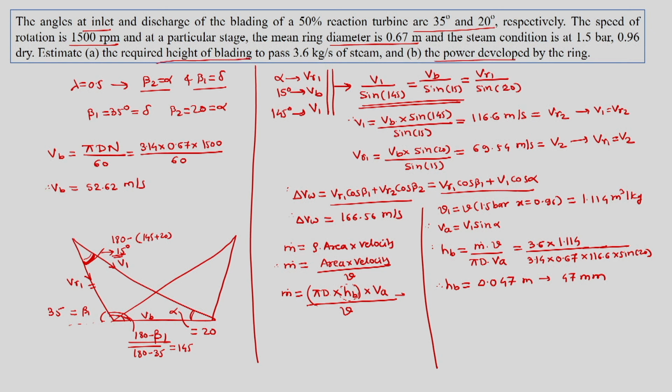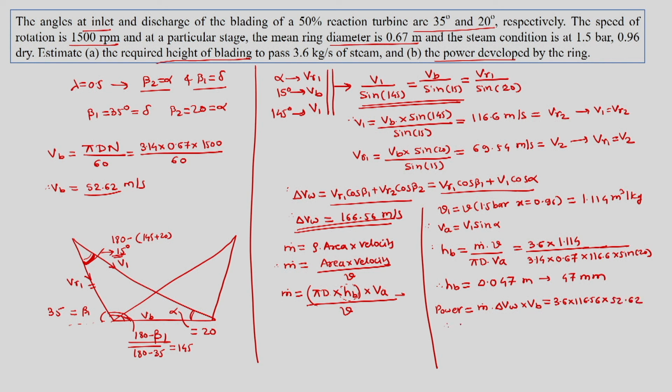Now we can find out power developed. Power developed is equal to m dot into delta VW into VB, and delta VW is found out to be 166.56, and VB is also known, 52.62.